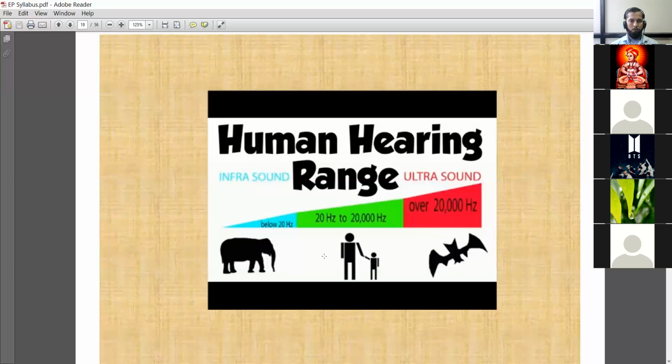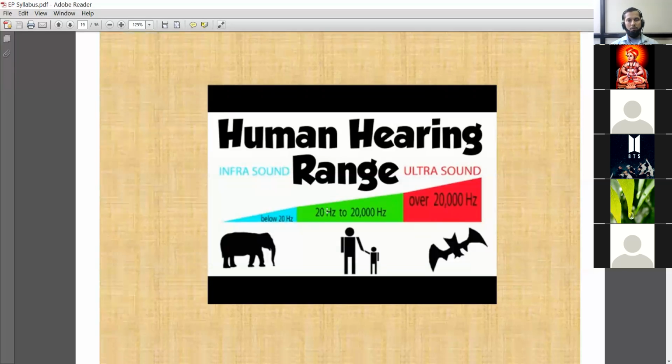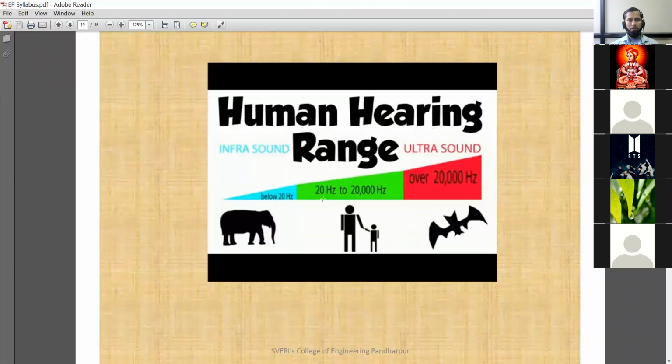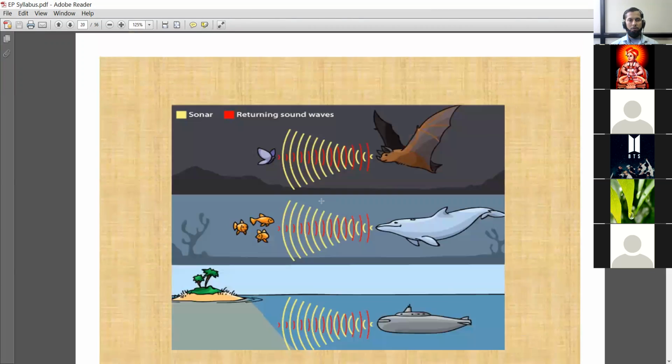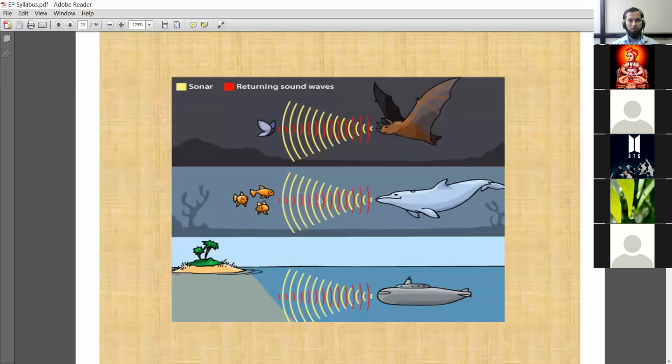We cannot hear these things, but some animals have such sensitive ears that they can. If you consider the first example, that is the bat. Echoacoustics, that the bat uses for direction and for food. Then second are dolphins. You know that dolphins also send ultrasonic signals.